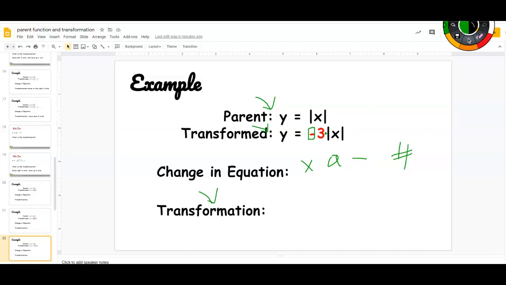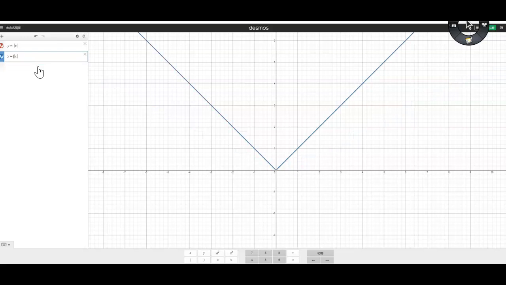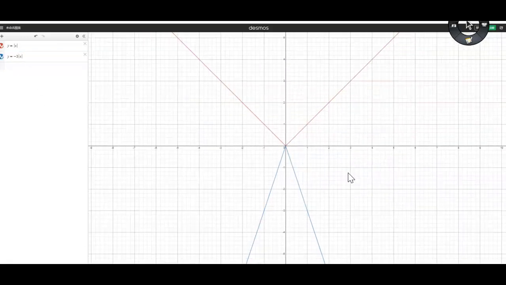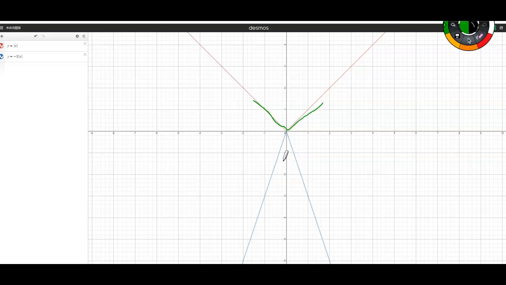Let's put the parent and baby equations in, which is -3 this time. You see this is the parent equation and your baby equation is here. Your baby function makes your parent picture upside down.